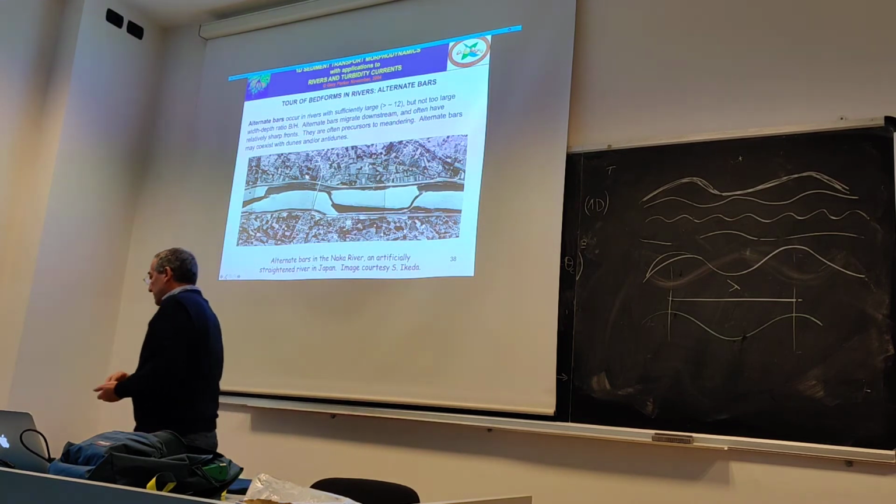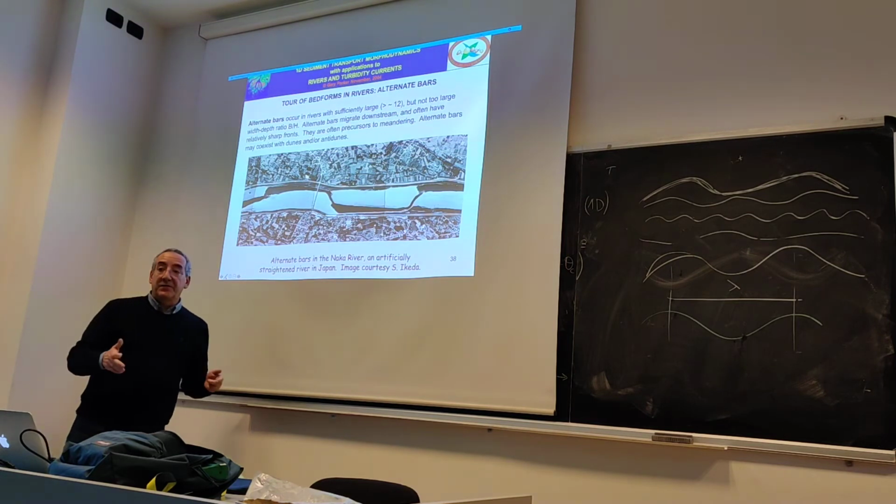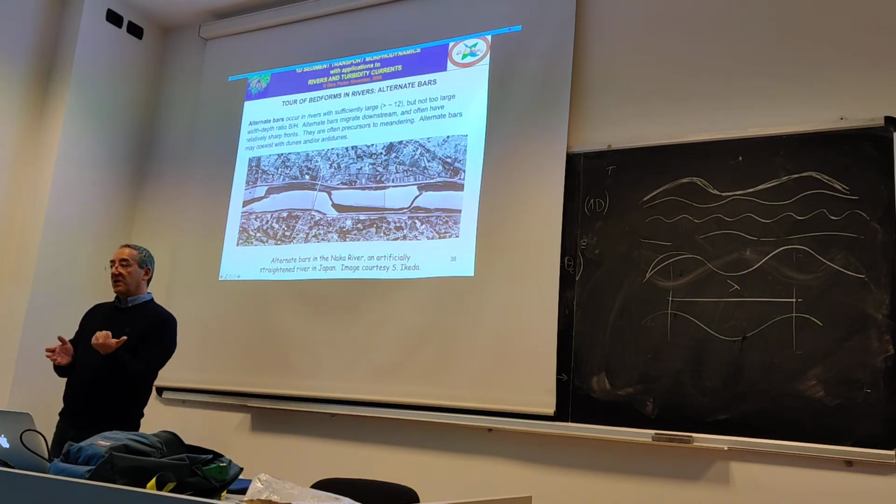Okay, all of the above were longitudinal bed forms, so one-dimensional bed forms, so they were periodic just in one direction. And alternate bars are the simple example of a bed form which has a transverse structure.